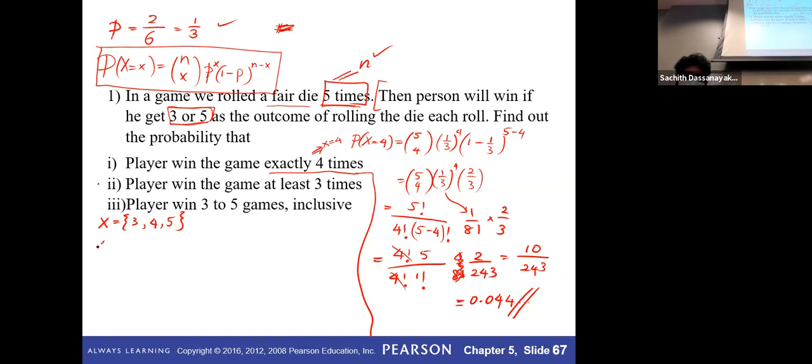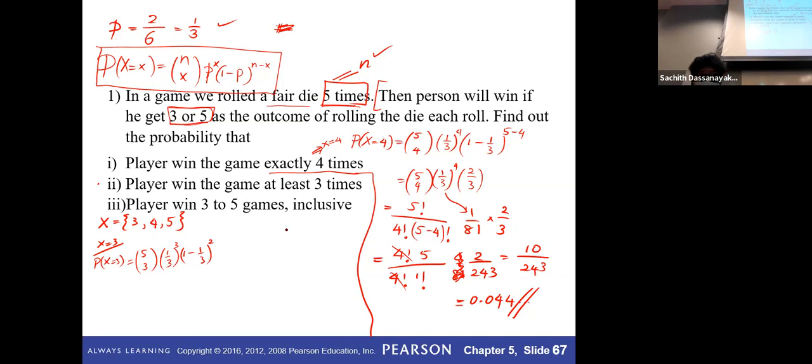Let's first pick x equal to 3. Plug in the values: probability of x equals 3. n is 5, it doesn't change, so 5 choose 3. p is still the same, 1/3, to the power x, which is 3, times 1 minus p to the power n minus x. n is 5, x is 3, so you have 2 here, power 2.